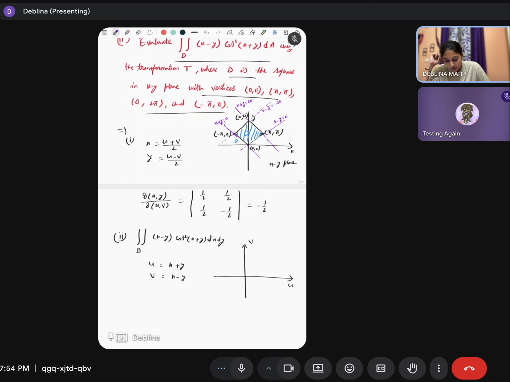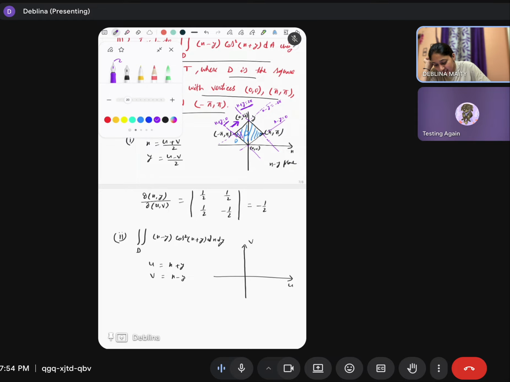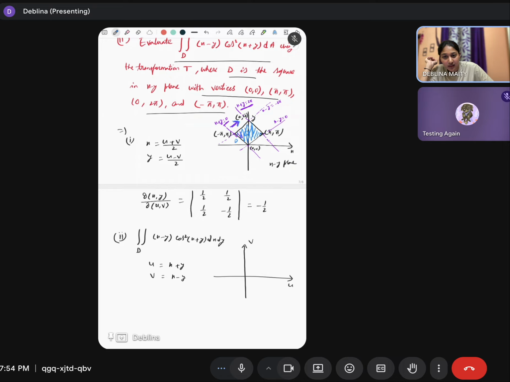So if we look at this section, x plus y runs from 0 to 2 pi, right? So we have to consider this region, this D. In this D, x plus y goes from 0 to 2 pi.